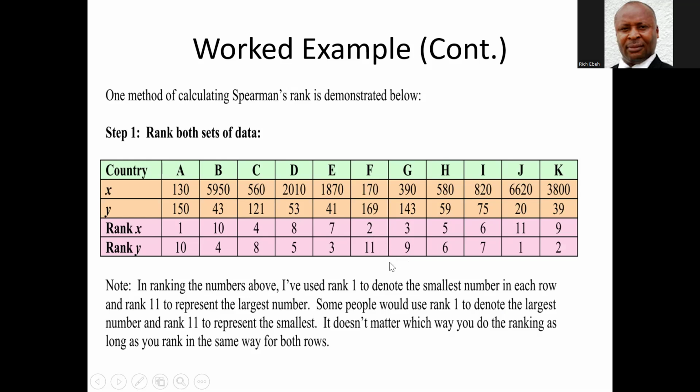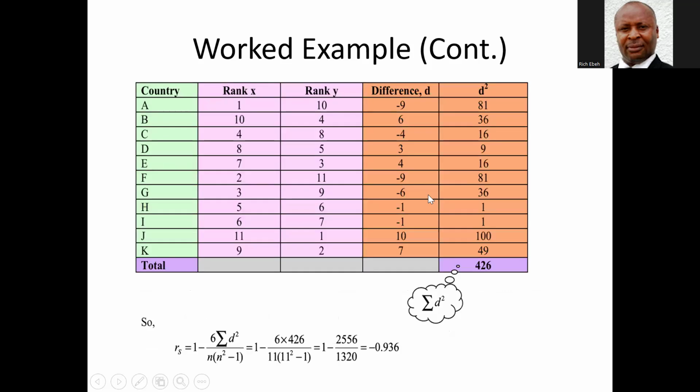So now we go to the next step, we'll plot this in a table, another table like this, where we can easily find the difference and square the difference. The first column of that table will be country. A, B, C, D, the 11 of them up to K will be outlined there.